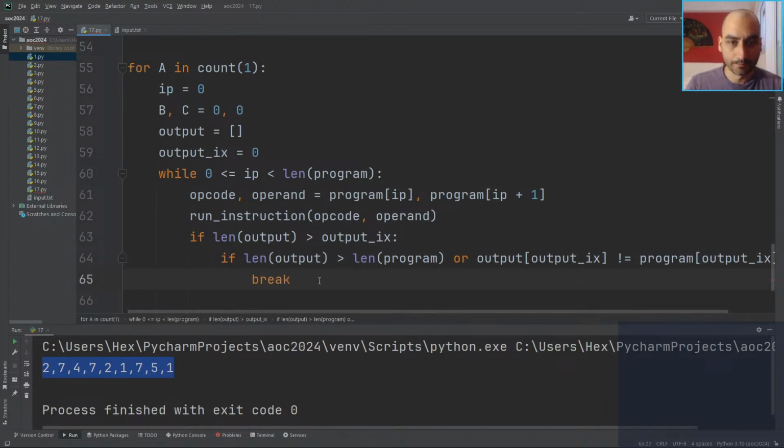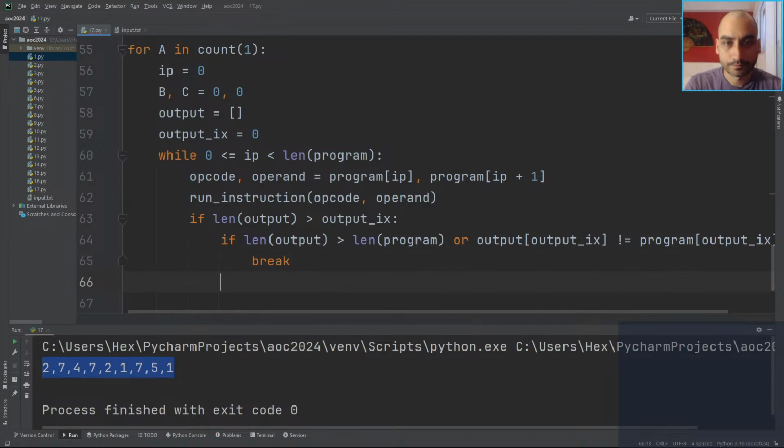This is a fail. Otherwise, we're still in line with program, so we can say output index plus equal 1 to keep up.